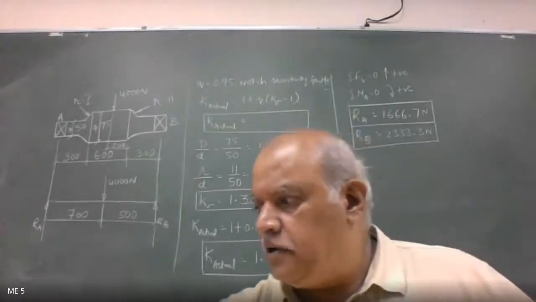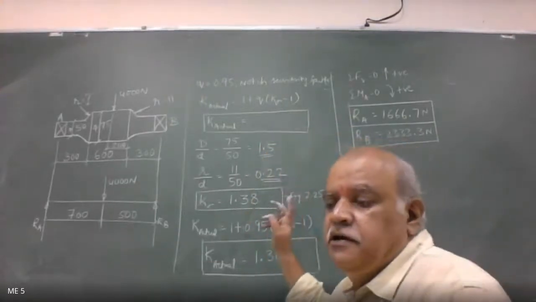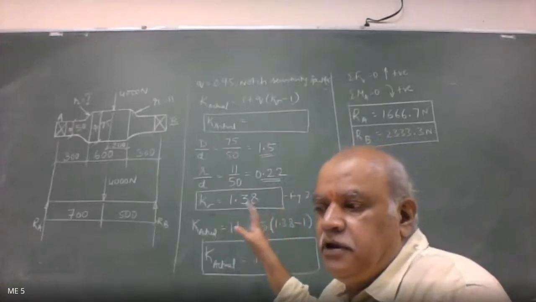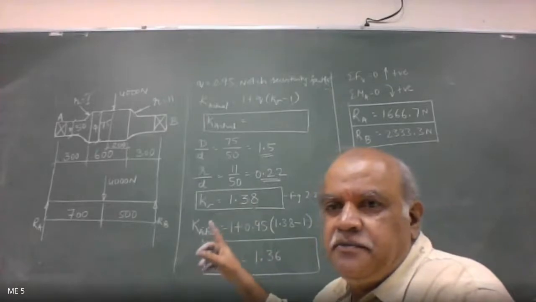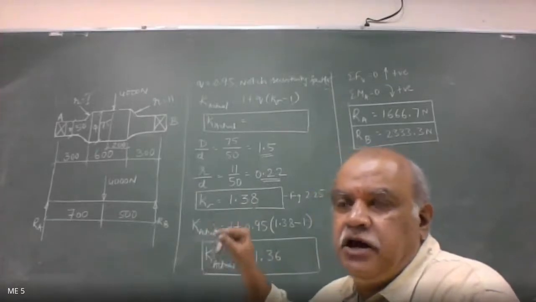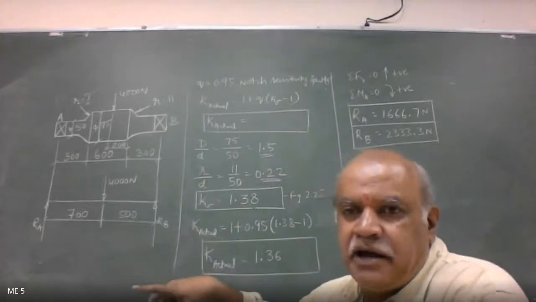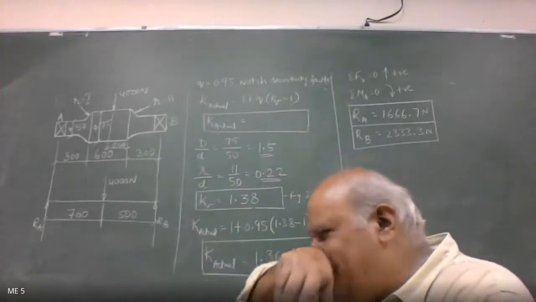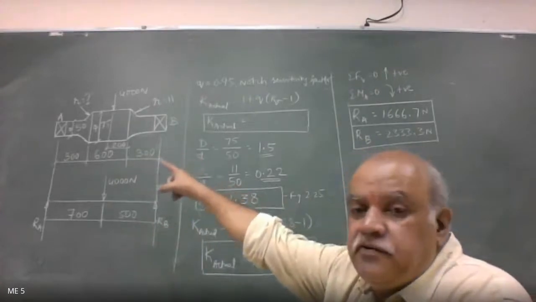Or if you can complete it using the same concept, use sigma max equal to K sigma into sigma nominal, and you'll get the maximum stress. From the maximum stress, you have K sigma into sigma nominal. Find out K sigma again for that maximum stress, by taking RA over there, since the left hand side radius is what we need to find out.